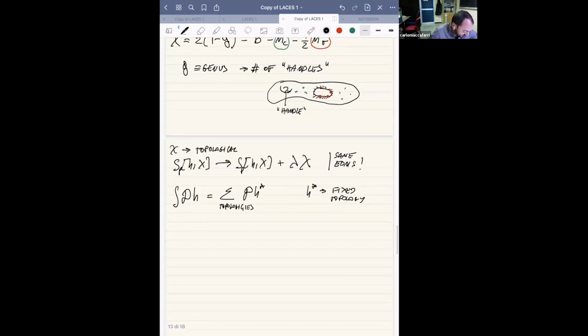Just by this simple observation, if I now use this action to define my path integral, which I can take as a prescription, this action here is more general than the previous action, so this is the one that I'm supposed to use.